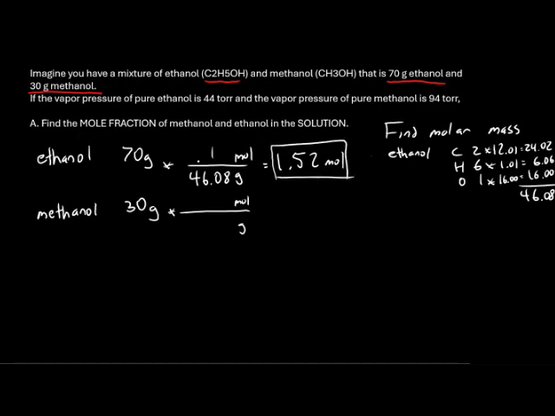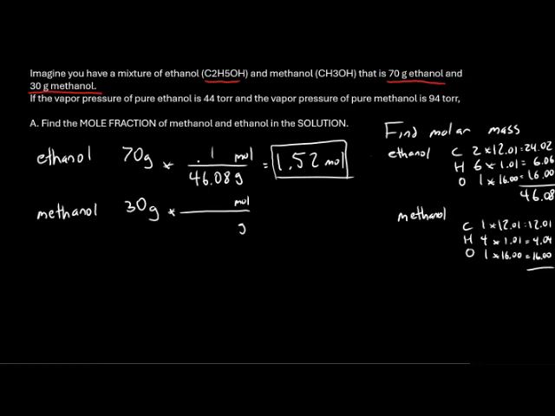We repeat this process for methanol. We'll also count the carbons, hydrogens, and oxygens. There is 1 carbon in methanol, 4 hydrogens, and 1 oxygen. We already know the molar masses, so we'll write them again. We'll multiply straight across again and get 12.01, 4.04, and 16.00.